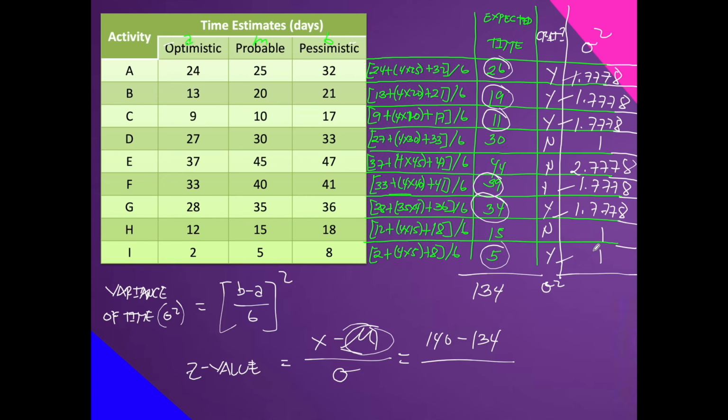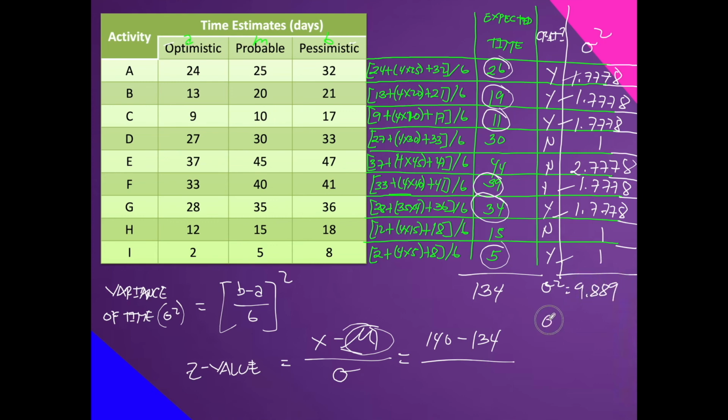So, get a calculator. 1.7778 times how many? 1, 2, 3, 4, 5 times 5, then plus 1. Then the total is 9.889 for the variance.